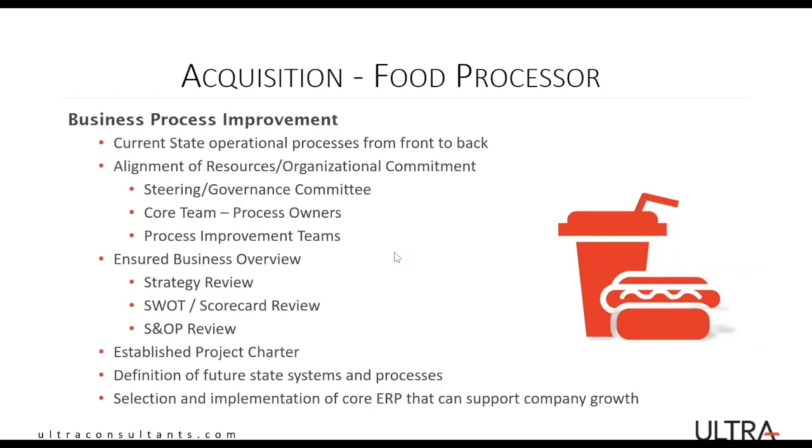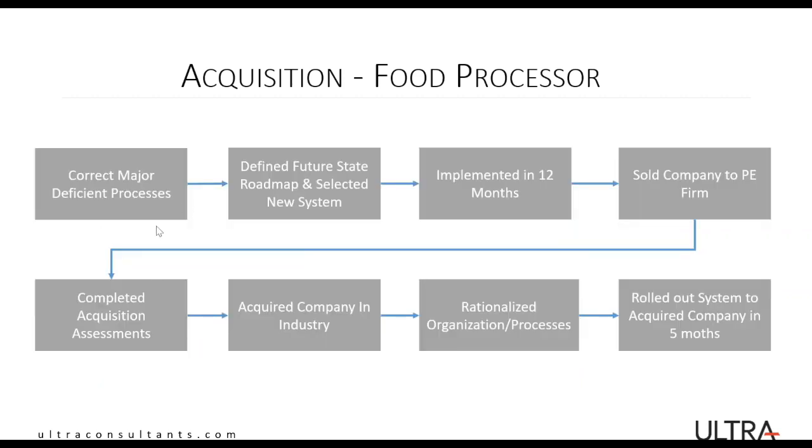Okay, so the last example is a food processor. They actually make items that go into the snacking segment, chip and snacking segment. And this one started out with just moving them from, for the most part, level 1 processes up to level 2, 3. From there, that was correcting of the major deficiencies.